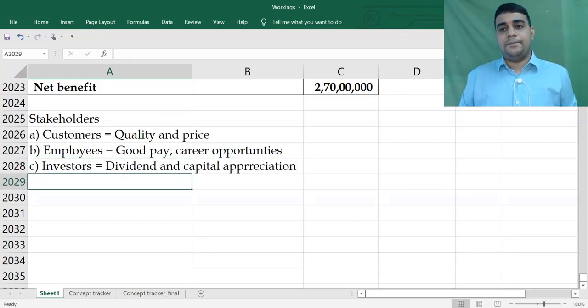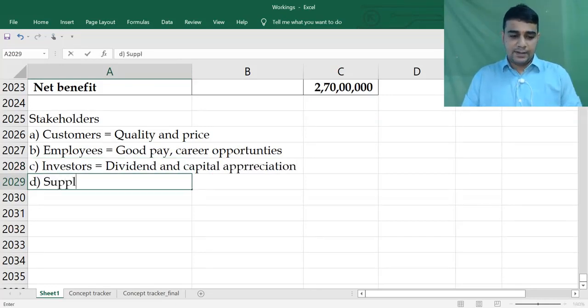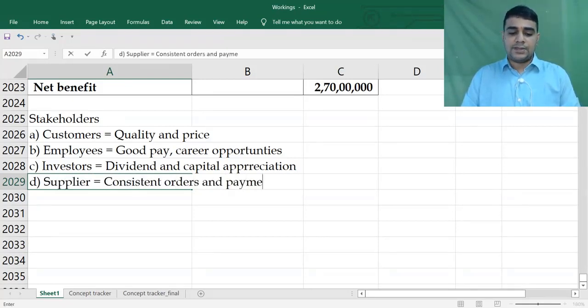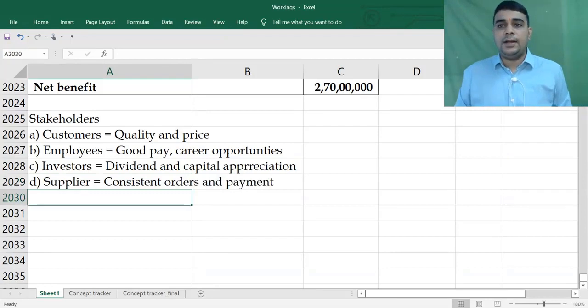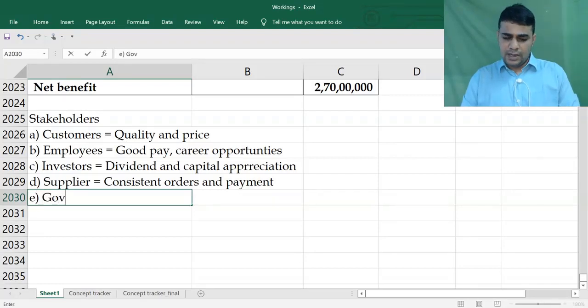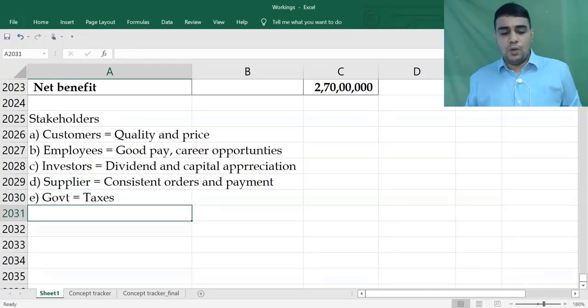Who else is there? Supplier. Supplier would want maybe consistent orders and payment. The payment to them should be made on time, and they would want consistent orders from the company. Who else is there? Government. Government wants us to pay taxes. Who else? Lenders.